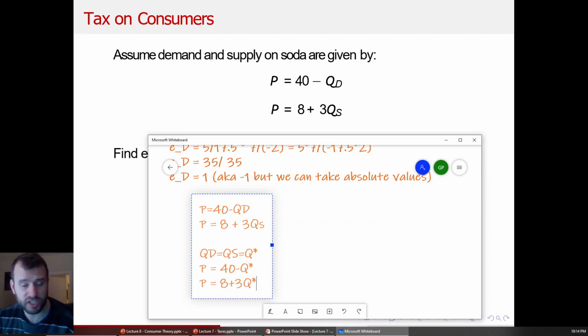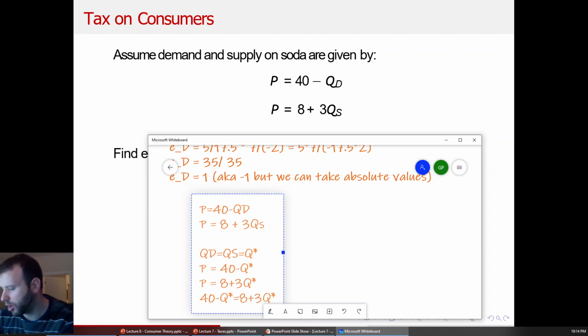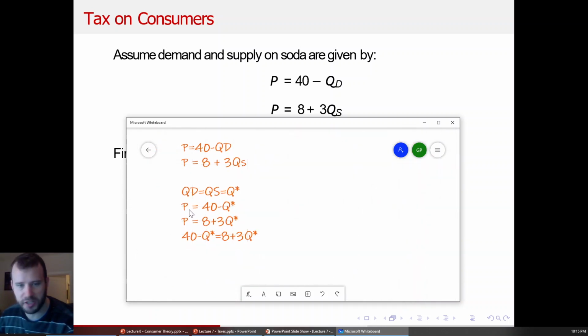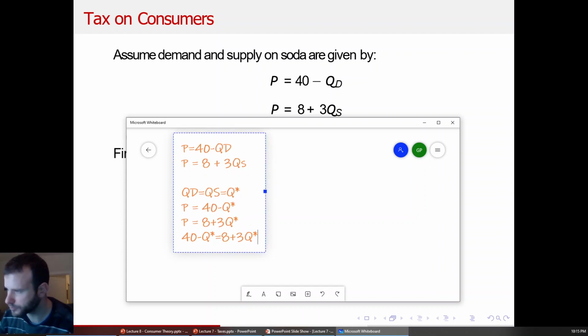So now I have a system of two equations with two unknowns, Q star and P. I'm going to set them equal to each other: 40 minus Q star is equal to 8 plus 3Q star. I can do that because P equals P star, the same thing on both sides of the equation.